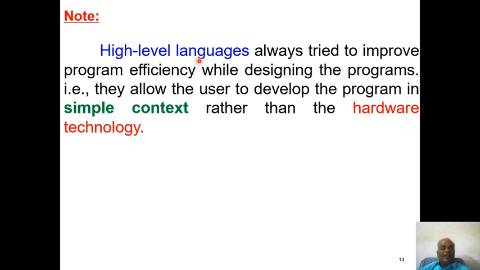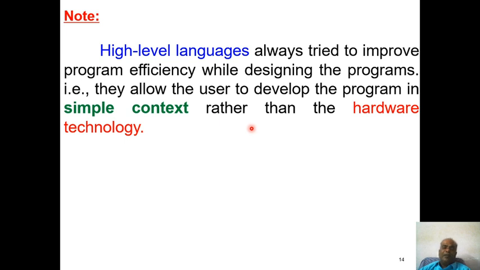In high level languages, all the instructions are easily understood by the user, whereas in machine language, instructions cannot be easily understood. So it is always very easy to write programs in a high level language compared to machine level language.